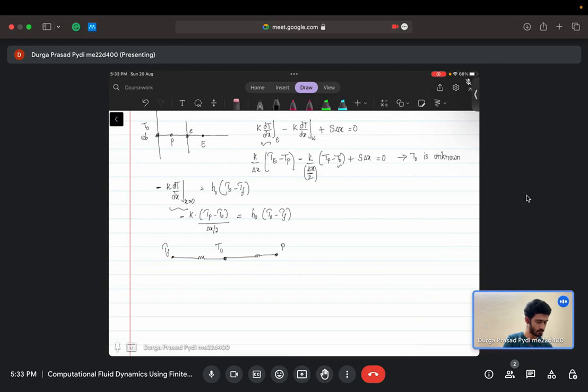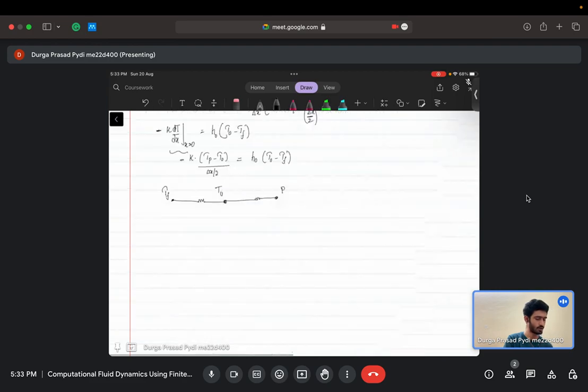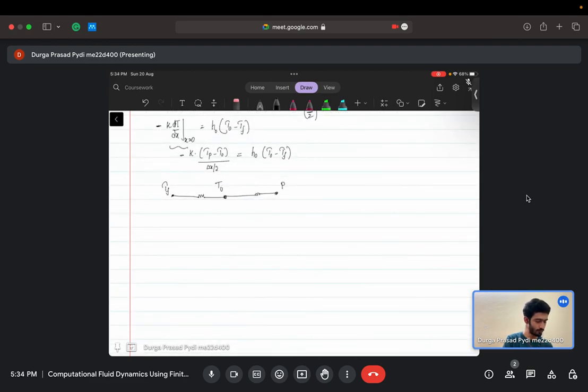The heat flux flowing through this is essentially Q. Across these two, Q is given by H times (Tf minus T0) if the flow is from ambient, and in this particular one Q is given by k times (T0 minus Tp) over delta x by 2.